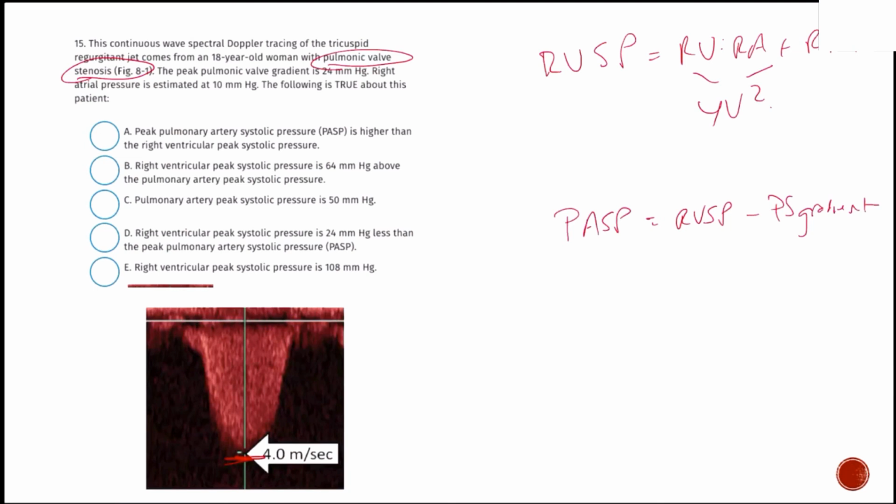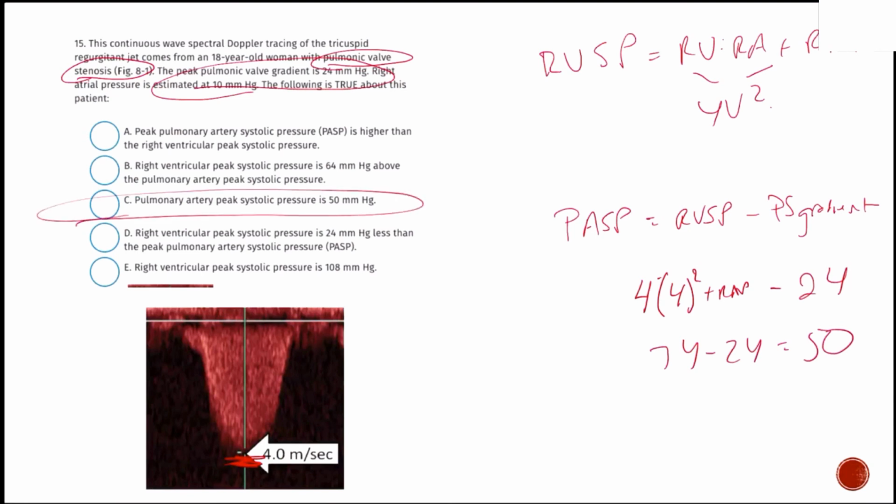So how would I calculate that? Our number is 4 here. So 4 times 4 squared plus right atrial pressure, minus, they just give you the gradient here, 24. And that is 74 minus 24 equals 50.